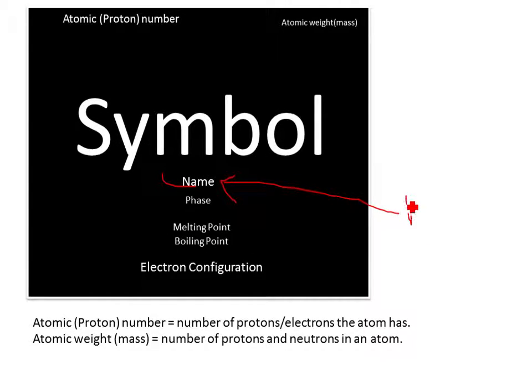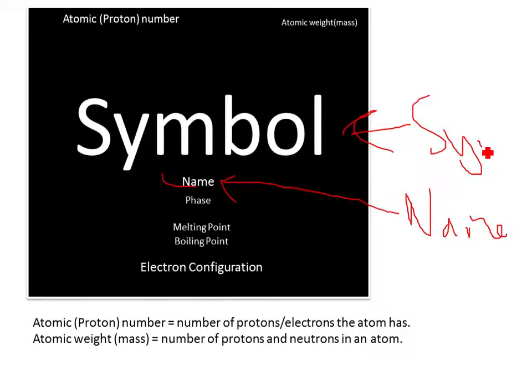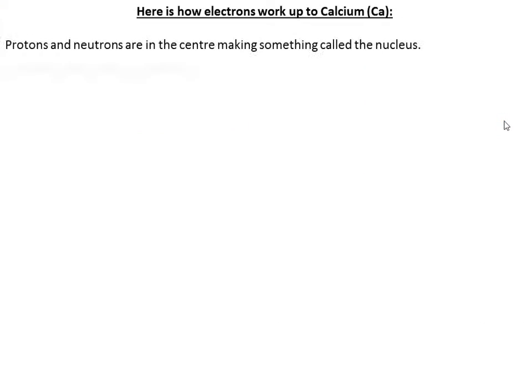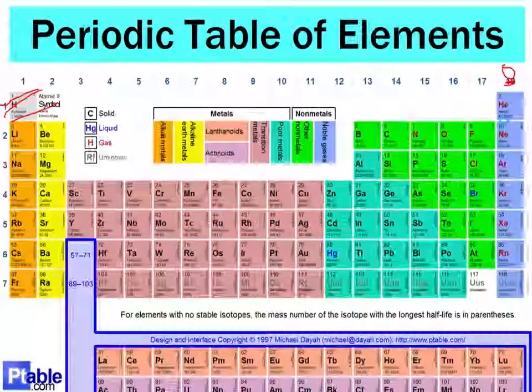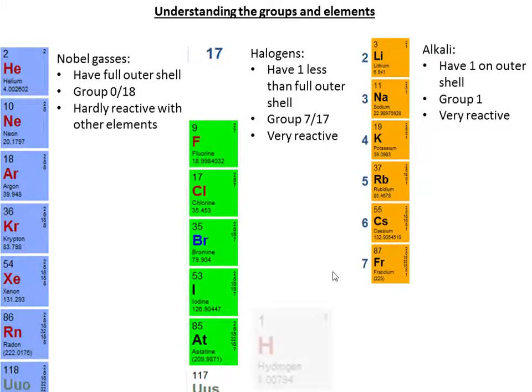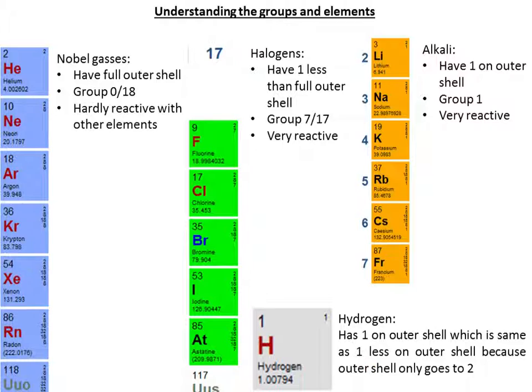And they just say, aha, this is what the name's going to be. And this one's going to be the symbol. And all those kind of things. So that's what it is. So it has no actual group because of that.